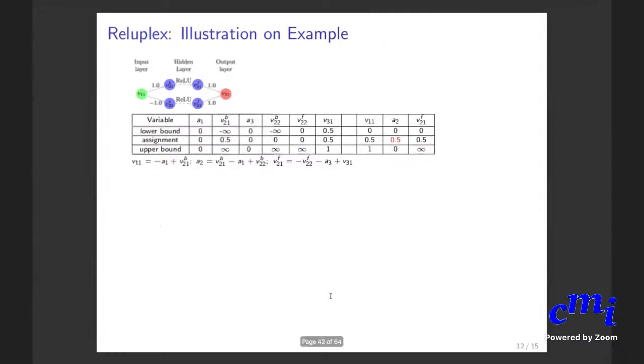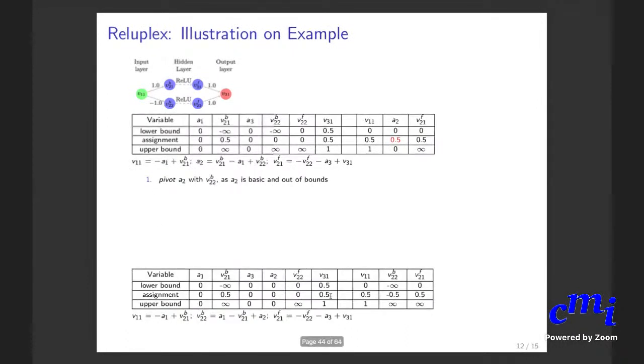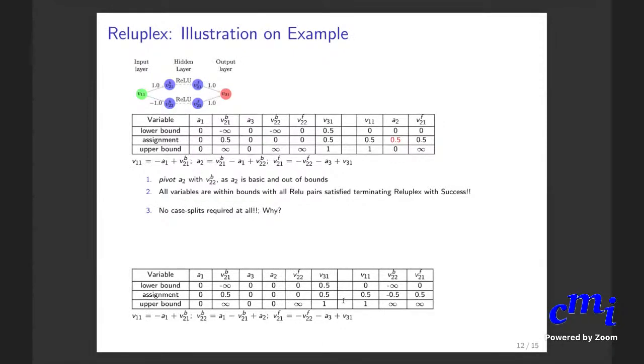A2 violates its bounds, and therefore you pivot A2, which in this case is B2, to B. And what you now get is, okay, all variables are within the bounds. This is the table that you get, and all the ReLU pairs are satisfied too.